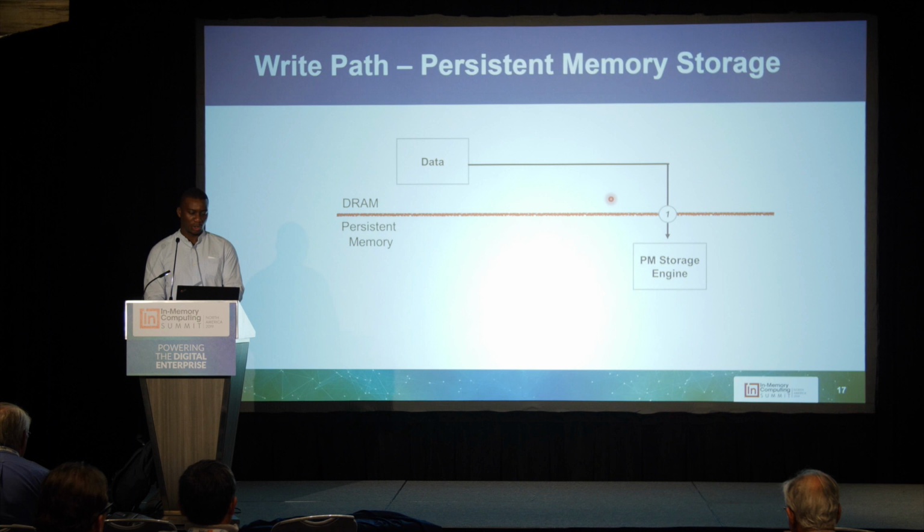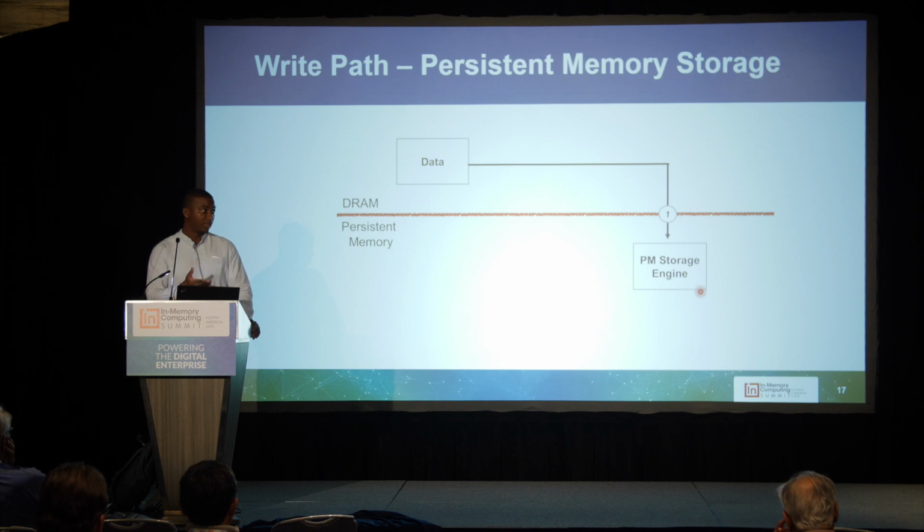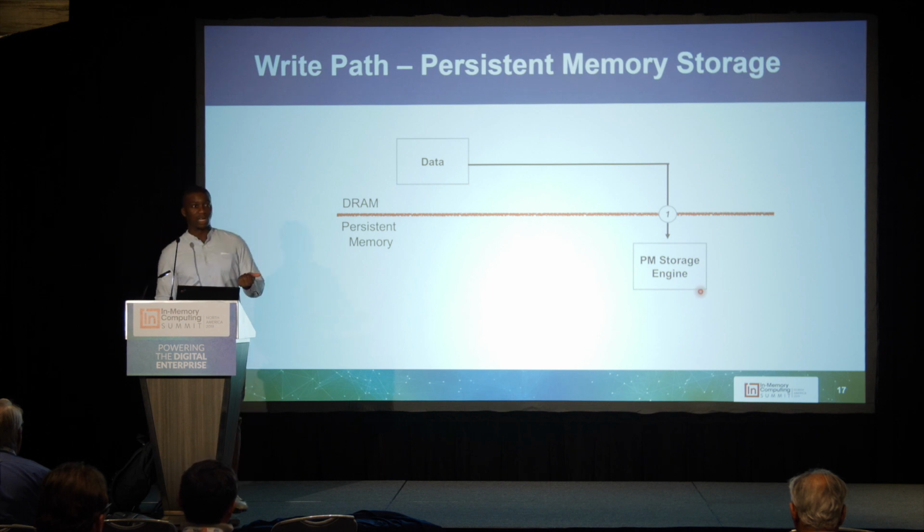The persistent memory storage engine, I'll explain the internals in a bit, but essentially what you do on the write path is simply a synchronous write to a data structure that's on persistent memory. You can think about it as a concurrent map, if you will. This is exactly what it looks like. There's no write-ahead log because we do transactional writes.